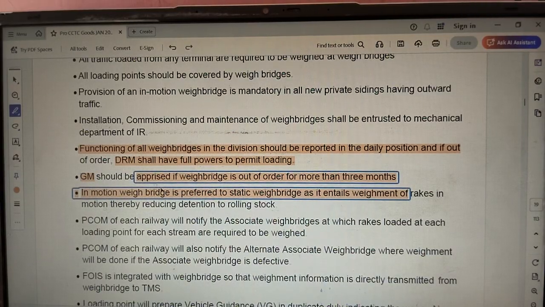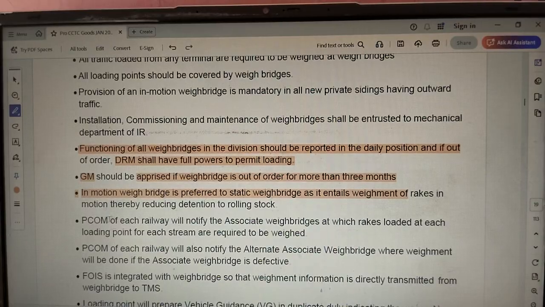In-motion weighbridges are preferred to static weighbridges as initial weighment of rake in motion reduces detention of rolling stock.